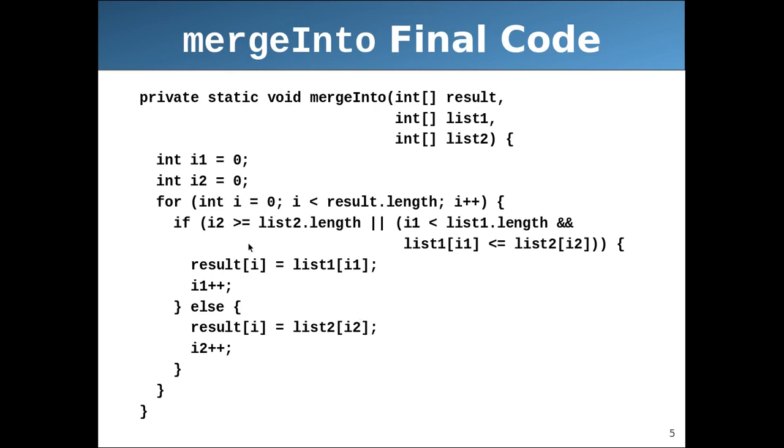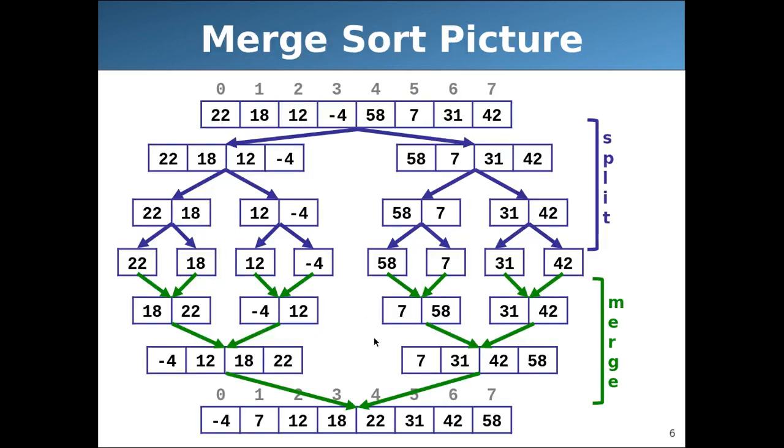So if this didn't hold, if list 1 element was not less than or equal to list 2 element, then we would come down here and we would put the result at I, and we would add the result from list 2, right? Because that's the smaller element, which is exactly what's happening here.